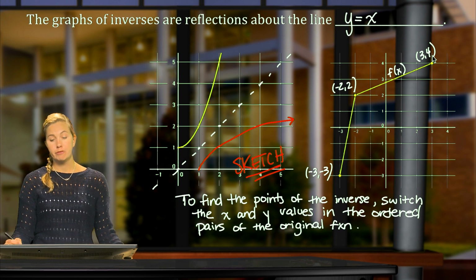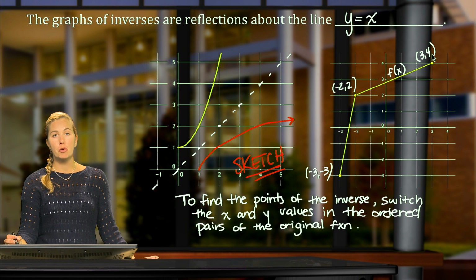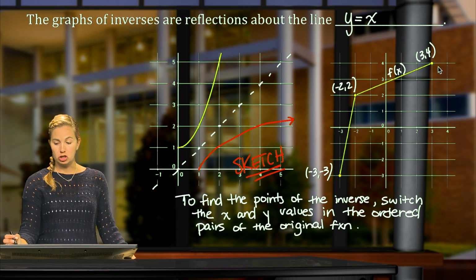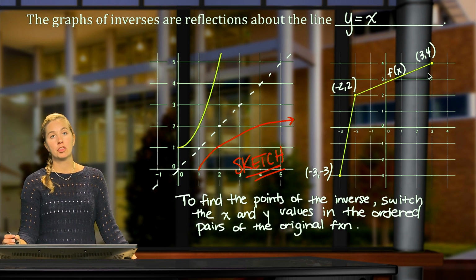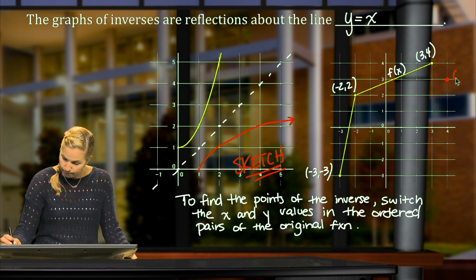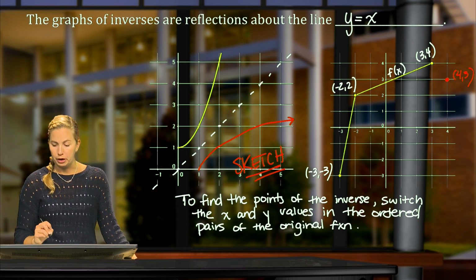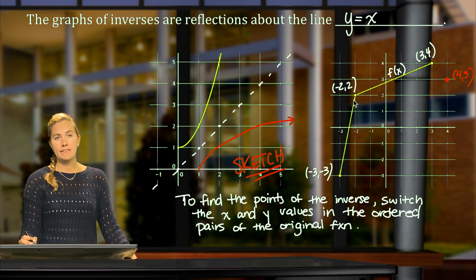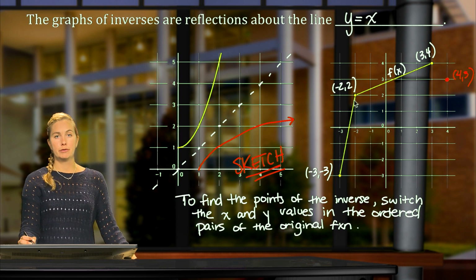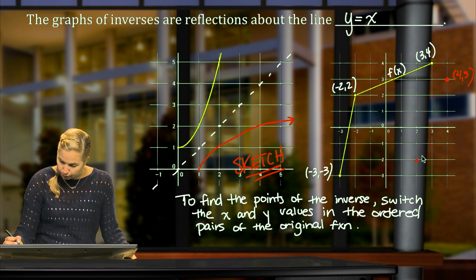I'm going to graph my inverse in red. Starting up here, if I've got a point (3, 4) on my original function, I'm going to have the point (4, 3) on the inverse. That cut off just a little bit. That's the ordered pair (4, 3). If I have the point (-2, 2) on my original function, I'm going to have the point (2, -2) on the inverse. (2, -2) is down here.